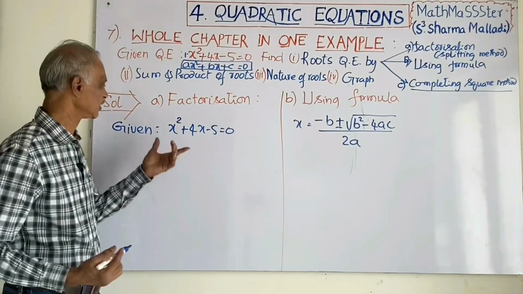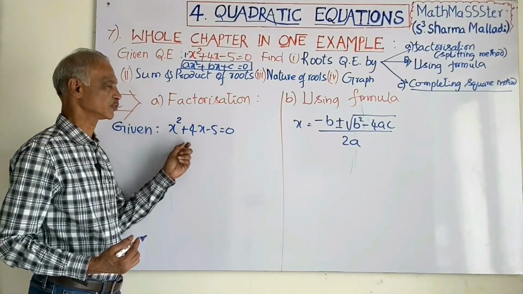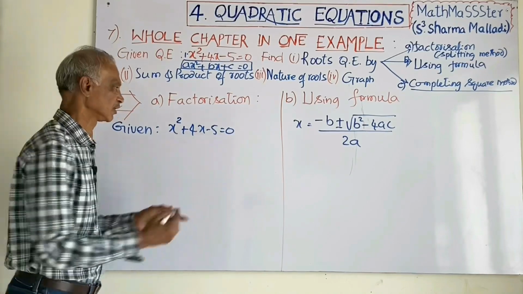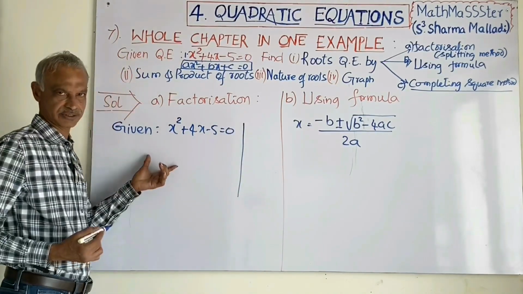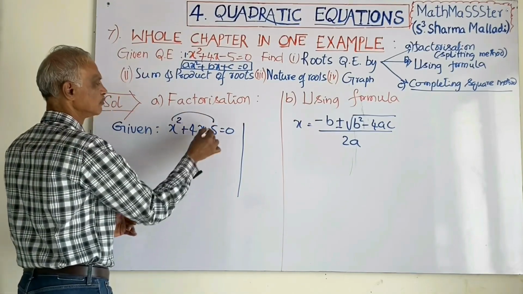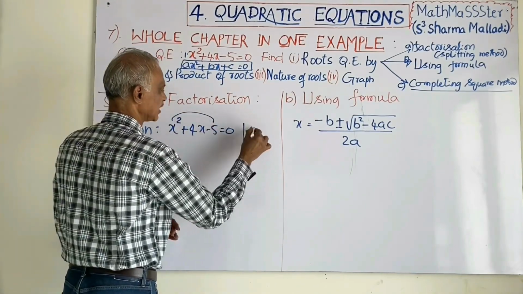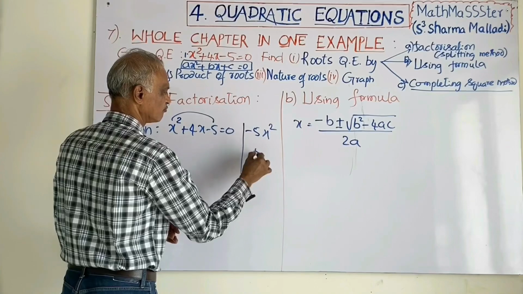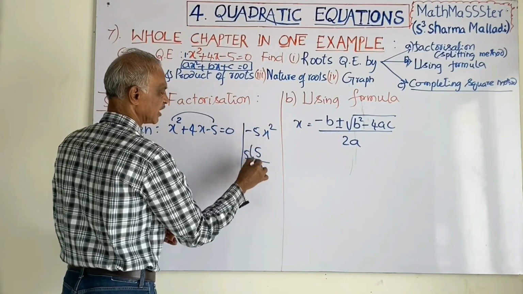By factorization: what is the given quadratic equation? x square plus 4x minus 5 is equal to 0. We have to factorize it by splitting method. If you multiply extremes, minus 5x square. What are the factors of 5? 5 into 1.